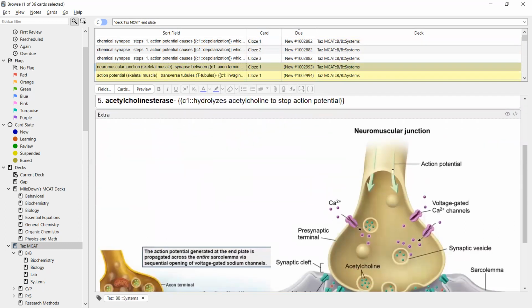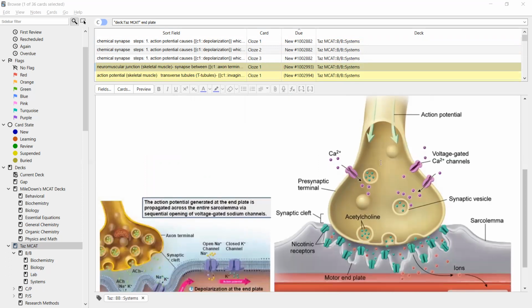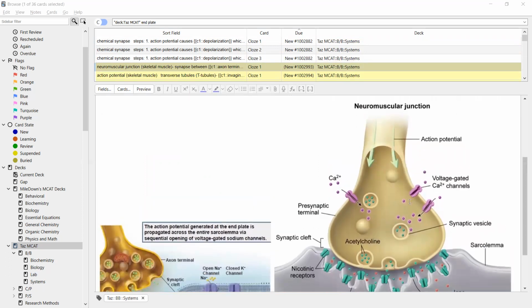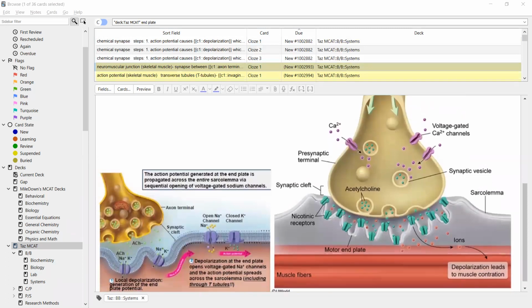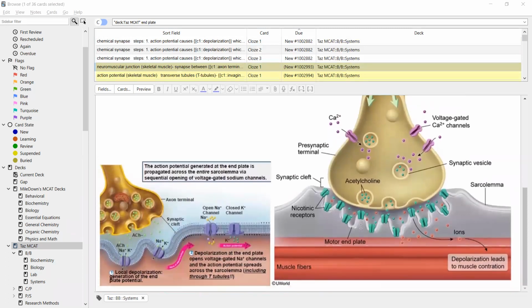So in muscles, right? We see that some of this is what we already talked about. The action potential comes down the axon, right? The calcium comes in, the synaptic vesicle is released, right? The acetylcholine comes out, it attaches to these receptors, right?